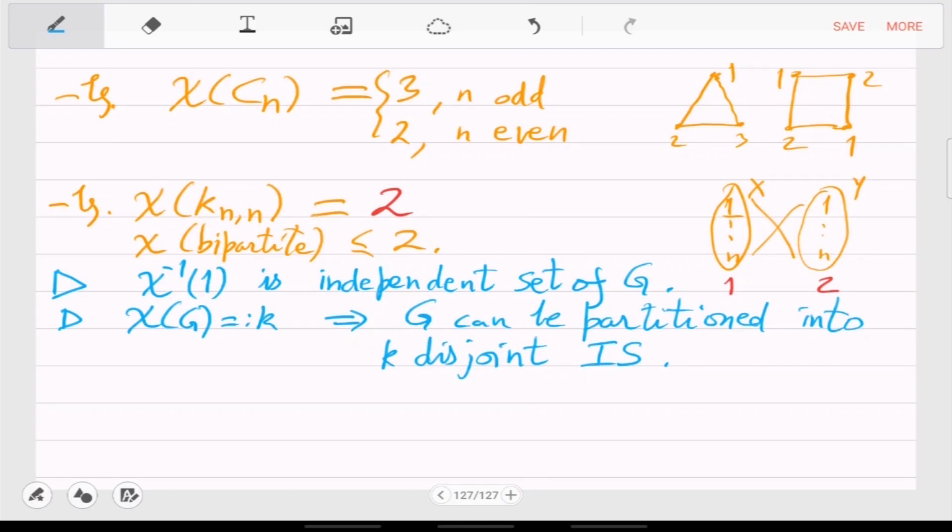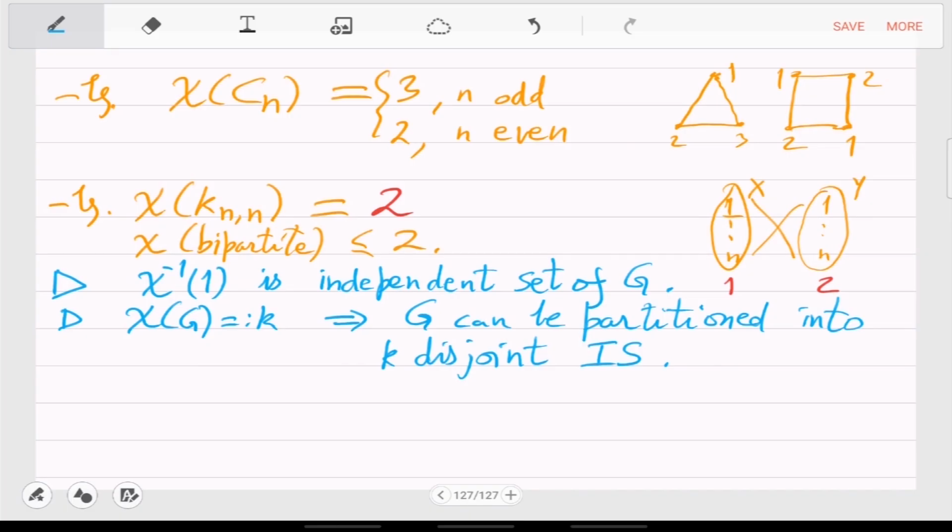Right? So for every color 1 to K, you get these independent sets, they are disjoint and they partition all the vertices. Right? So the vertex set and hence the graph gets partitioned like this.